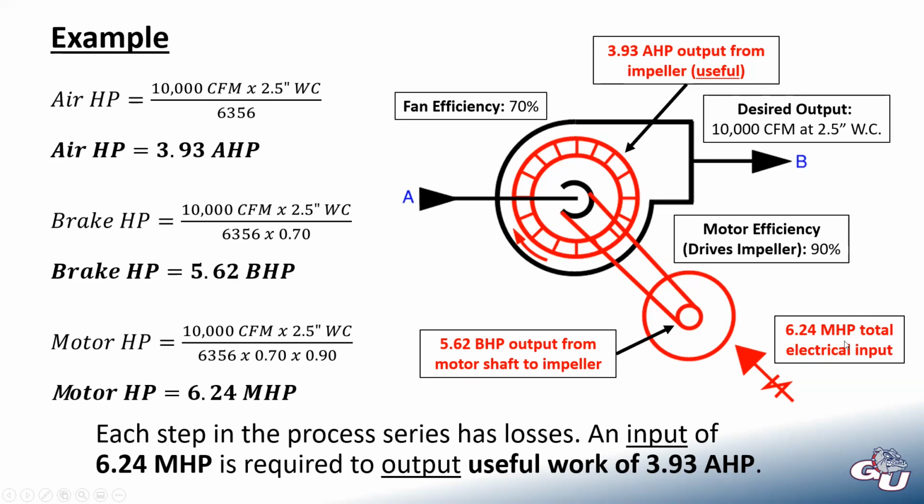That's how much electrical power we need to run the motor, which then runs the impeller, which then gives us something useful at the back end. We are putting in 6.24, but only getting 3.93 of useful output at the end of the day. And that's because those losses, when you have multiple processes in series and you multiply those inefficiencies together, it ends up being a pretty big hit. And like I said, there could be other things between the start and the end that would also have losses.